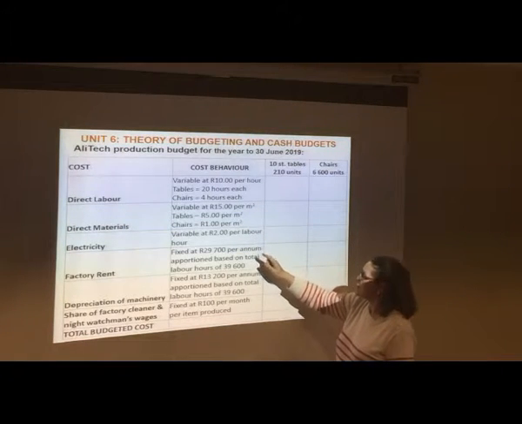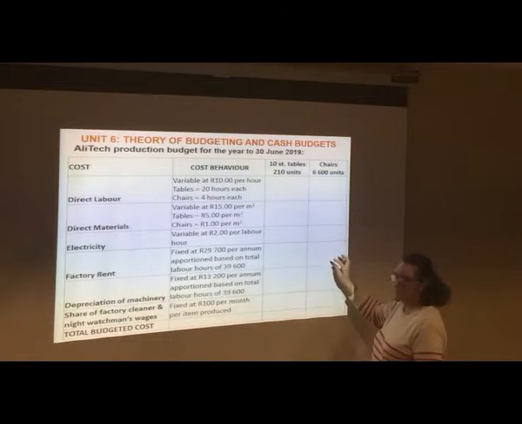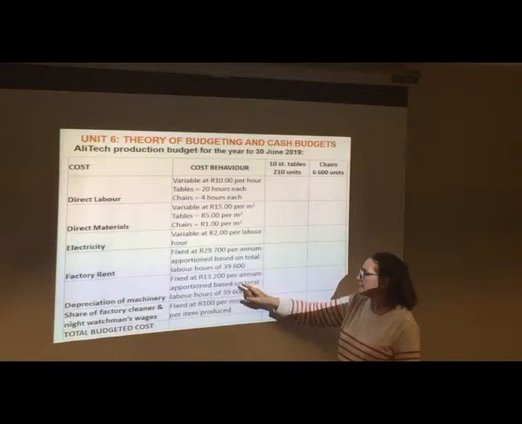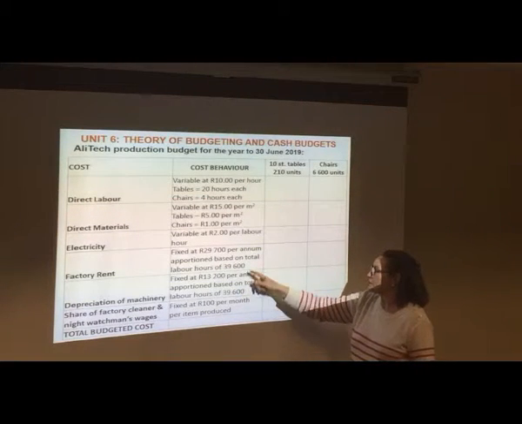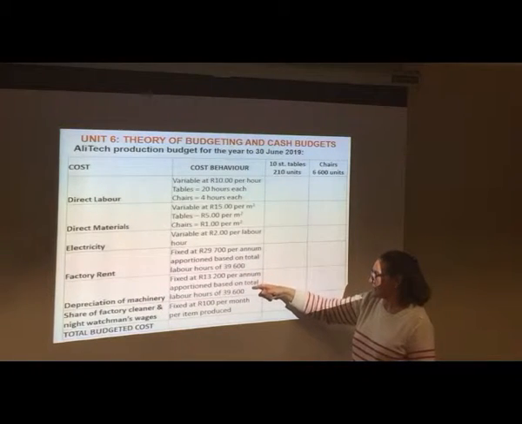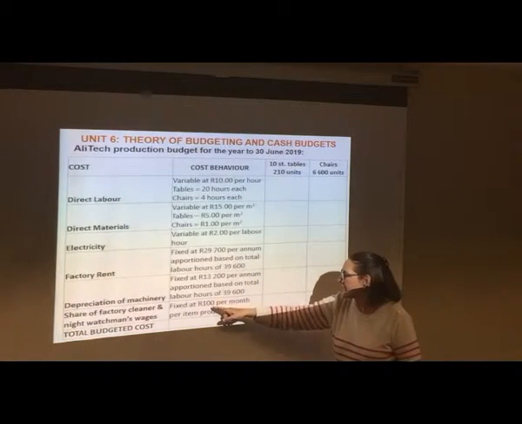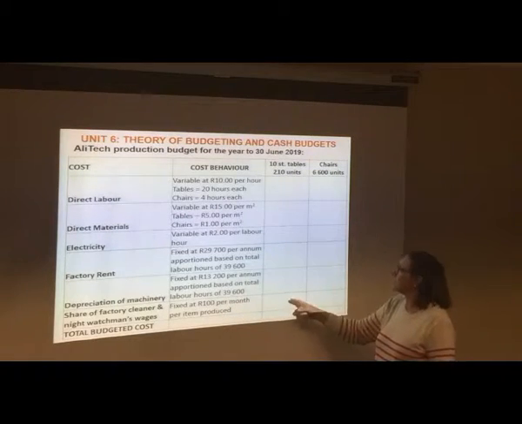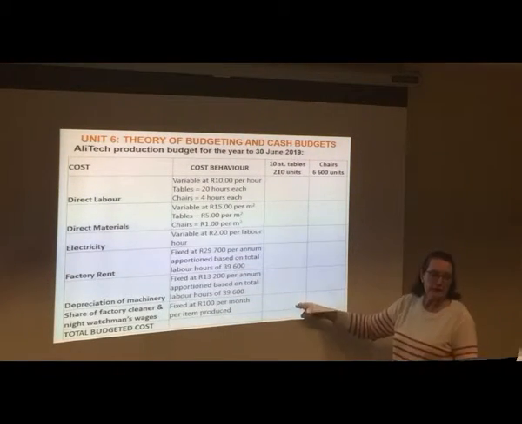Yes. Okay, so you're going to split it based on that. Okay? And then here, the same thing. This is also based on labor hours, right? And this is fixed at 100 Rand per month per item produced. So here it's going to be 210 times 100.